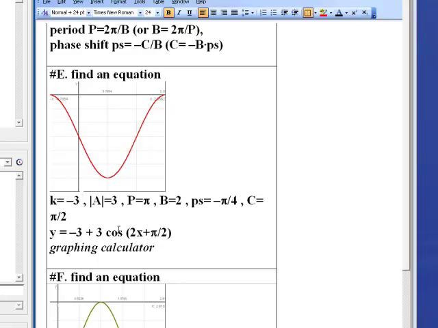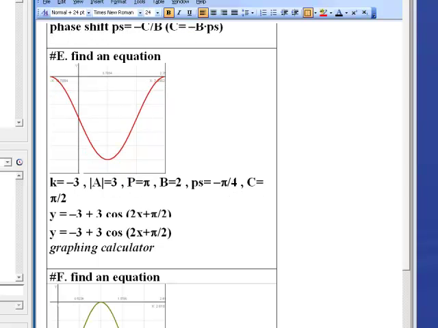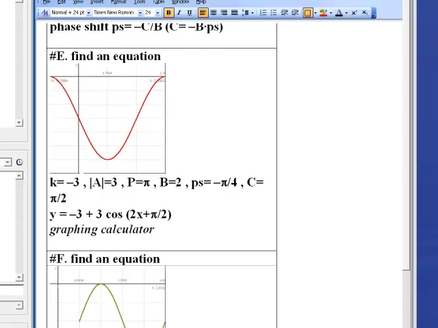Positive pi over 6. And the coefficient c is negative 3 times pi over 6.